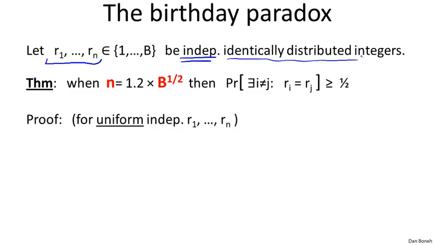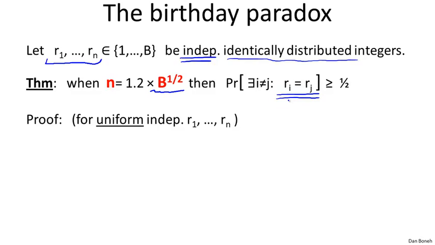Now, it so happens that if we set n to be about the square root of b, in other words, if we sample roughly square root of b samples from the interval 1 to b, to be precise, 1.2 times the square root of b, then the probability that 2 of those samples will be the same is at least a half. It turns out, in fact, the uniform distribution is the worst case for the birthday paradox.